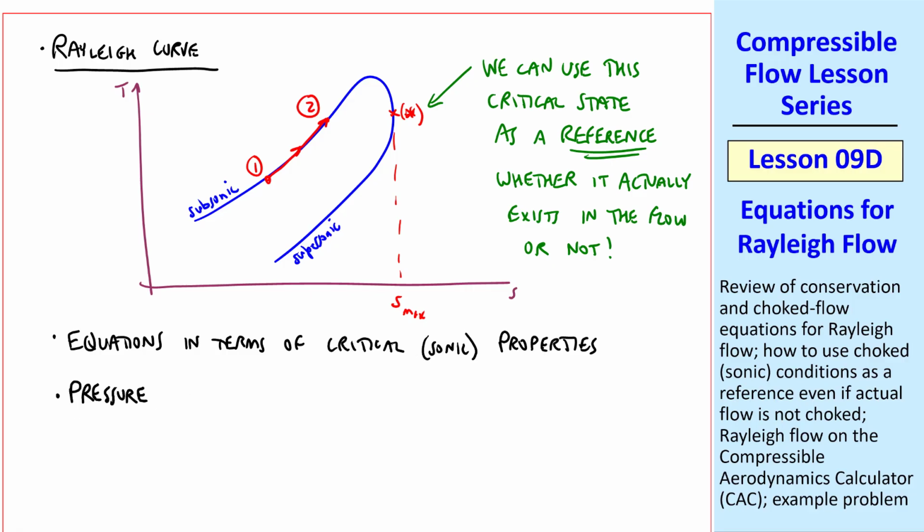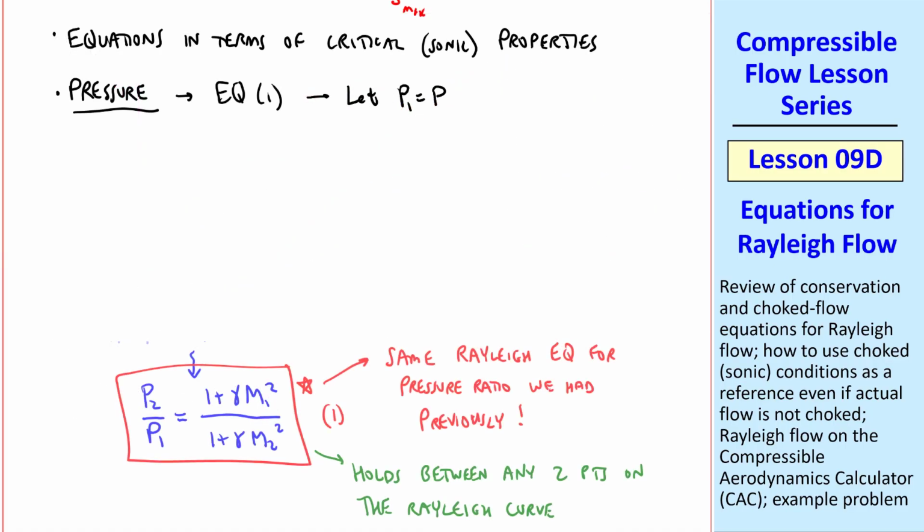First, for pressure, since we already have equation 1, let's let P1 just be P, where M1 is just M for any location along the curve, and we'll let P2 equal P star, which means M2 is 1.